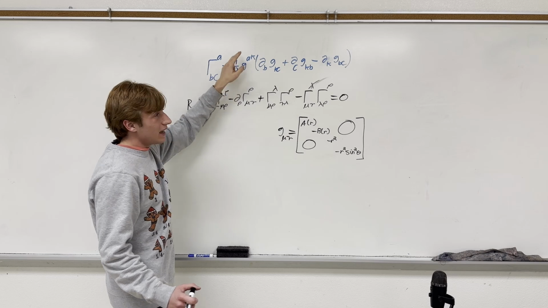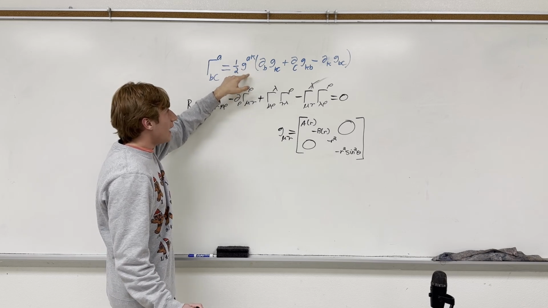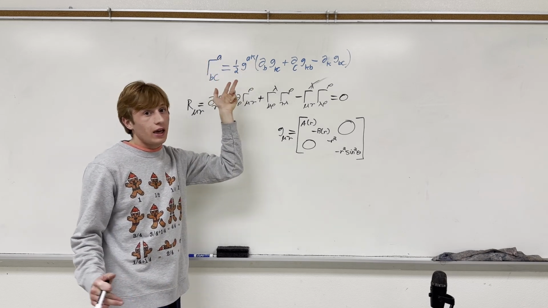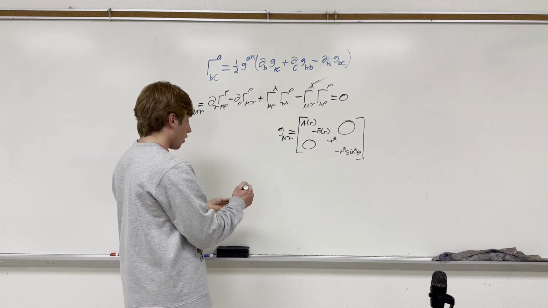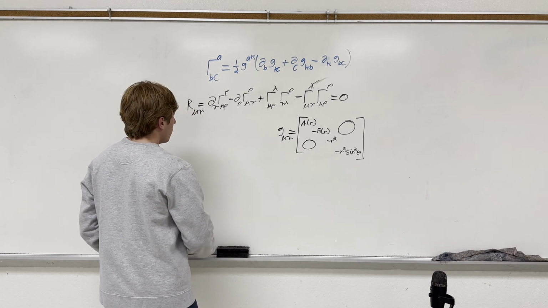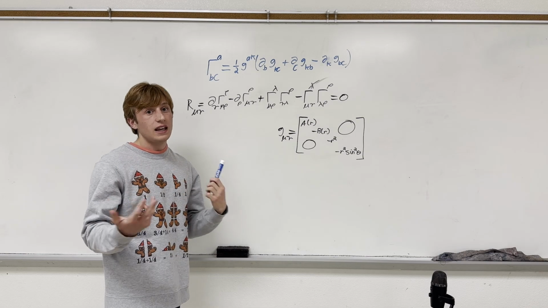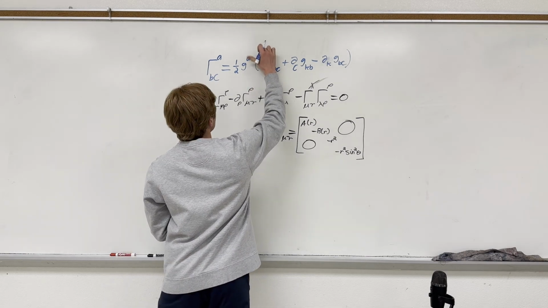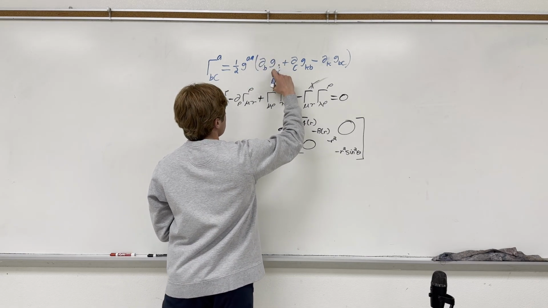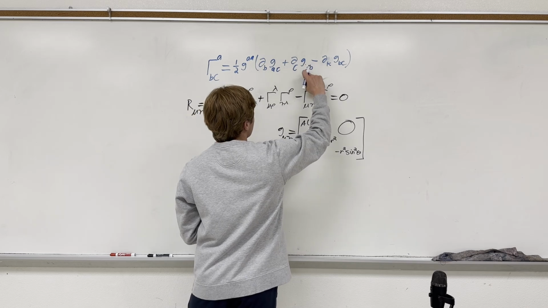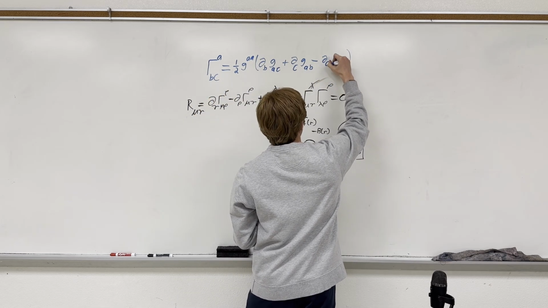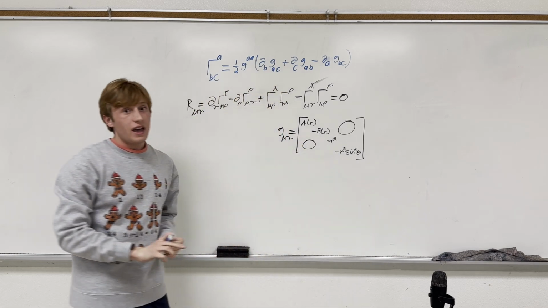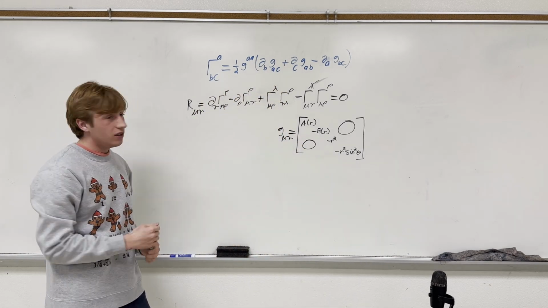So we have g a k. But if k does not equal a, that term is not going to contribute anything to the sum. So we can simplify this immediately by replacing all of our k's with just a's. So now we have g a a, this becomes an a, another a, and then another a. This is simplified quite a bit.